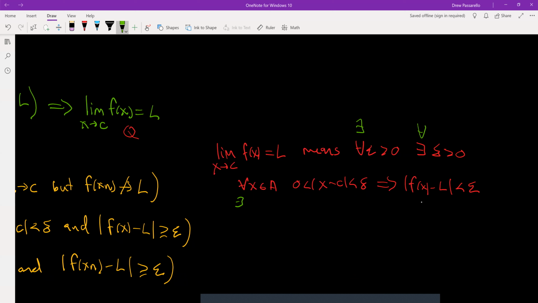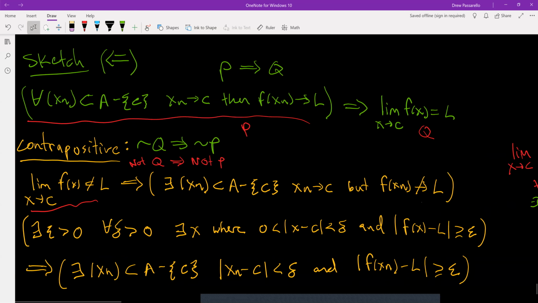And then instead of P implies Q, this would be P and not Q. So this would be this, and f(x) minus L greater than or equal to epsilon. All right, that's what it means for the limit of f(x) as x approaches c to not equal L.